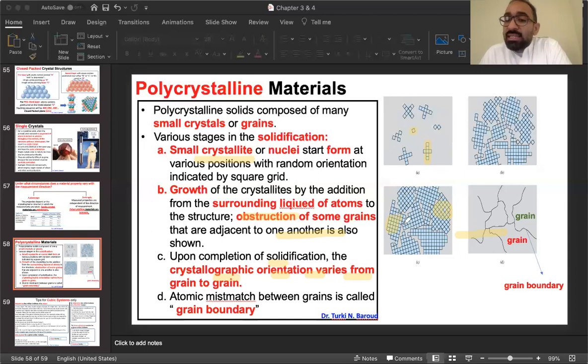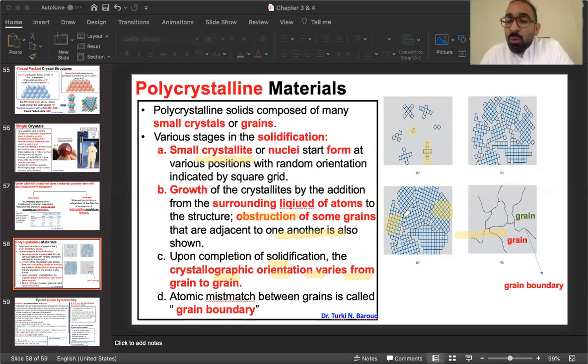So the orientation of those directions will be different. That means when you look at the property of a polycrystalline material, it will be an averaged out measurement, considering all these different single crystals within the polycrystalline material.